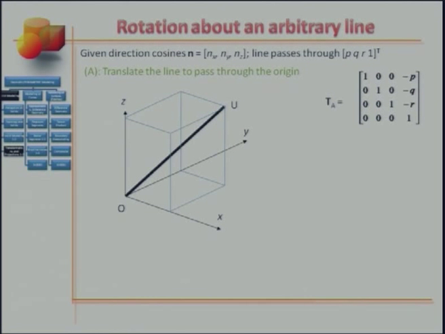Let's draw a block around this line. So nx is this magnitude here, ny is this length here, and nz is this length. OU is one of the diagonals of this block.